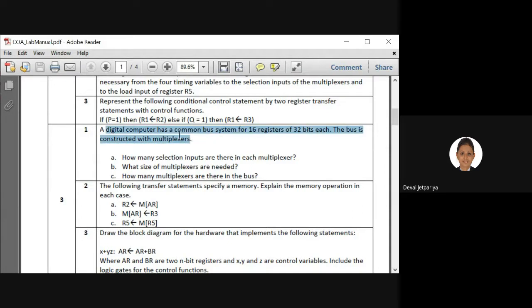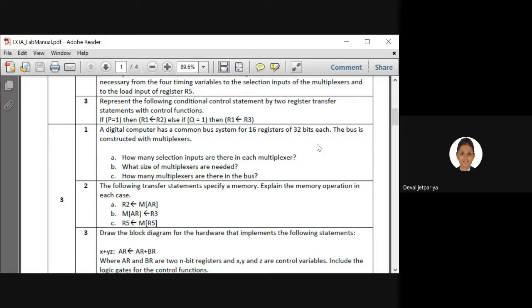A digital computer has a common bus system for 16 registers of 32 bits each. That means in each register we need to pass a total of 32 bits of data. The bus is constructed with multiplexers.